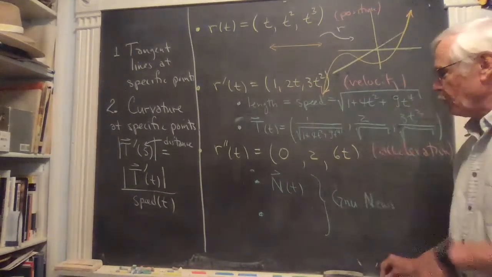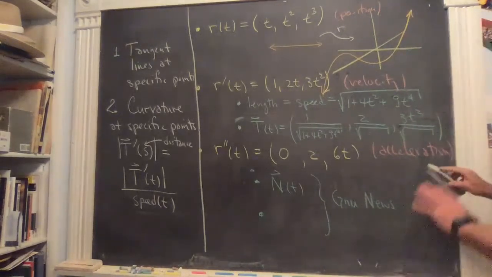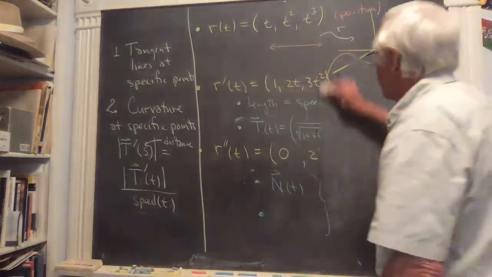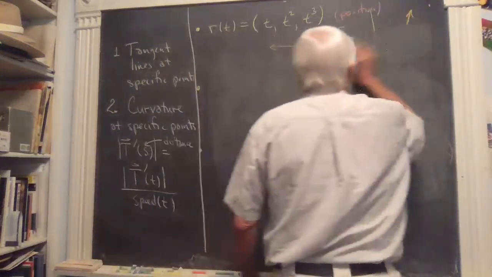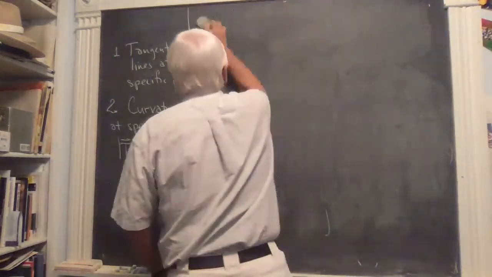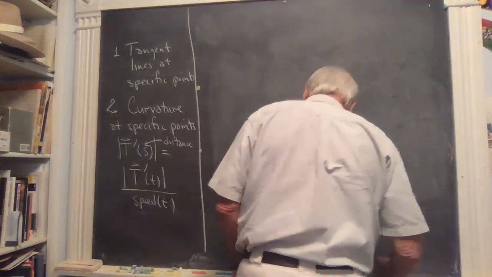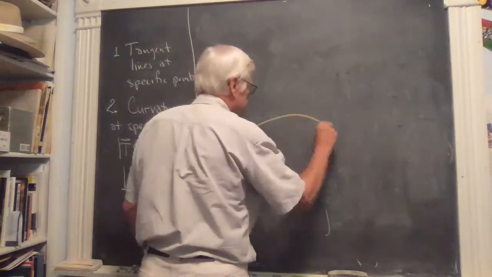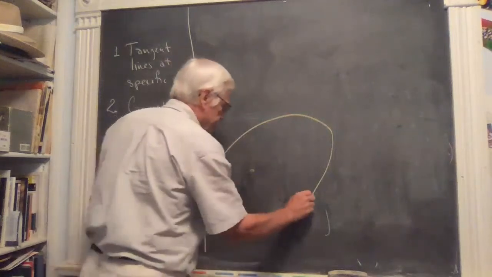Then I'll erase the board and talk about the new news. So let's erase this business. We'll just look at a graph. I'll put up a kind of a generic graph, or a piece of a graph.